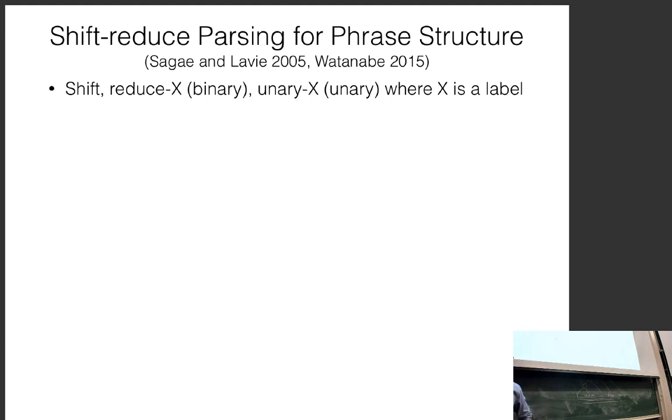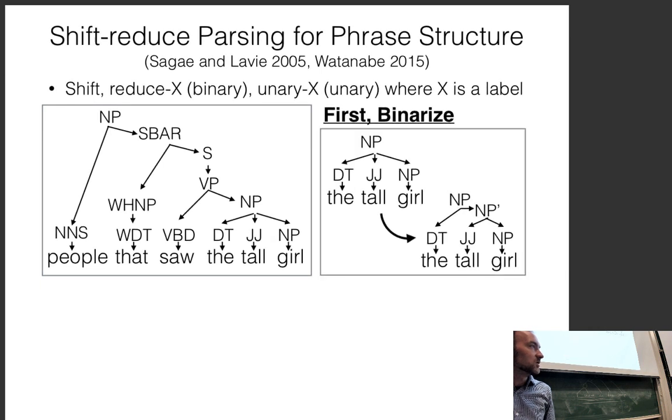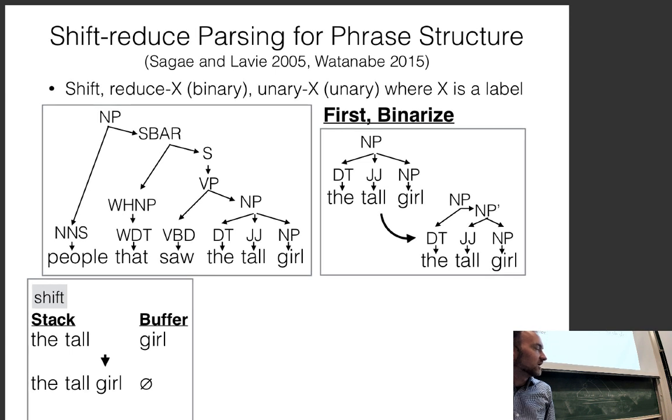So anyway, how would you do phrase structure parsing? There are a lot of examples of this, both before the neural boom and also neural methods. One way you can do this is you have shift, and then you have reduce-X, binary, unary-X, where X is the phrase label. So if you have a phrase structure that looks like this, you could binarize it into a binary tree. Then you have something like "the tall girl", which is your stack and your buffer. Shift would take girl and shift it off the buffer onto the stack.